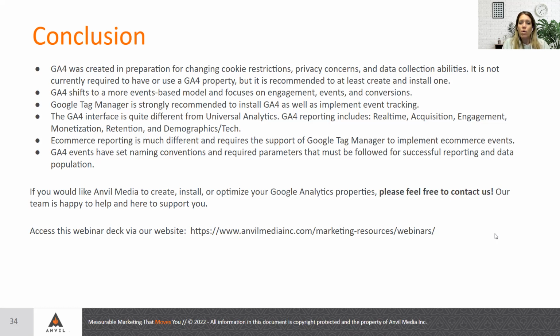Those Google Analytics 4 properties include the real-time report, we have acquisition, engagement, monetization and retention, and demographics and tech. E-commerce reporting is a little bit different. It does require the support of Google Tag Manager to implement those e-commerce events.